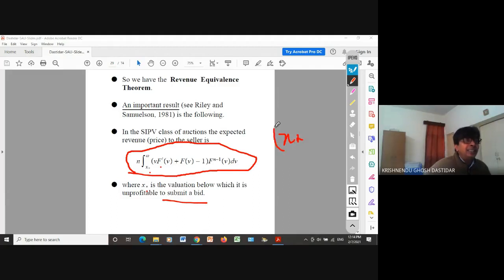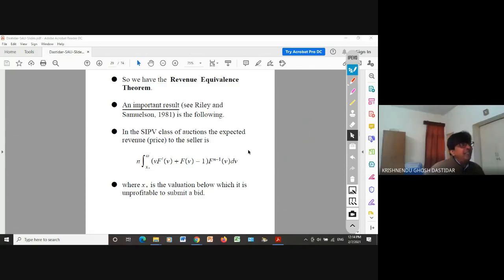Now, how is this X star determined? X star is determined by reserve prices and/or entry fees. So any 2 auctions where the X star is the same will give you the same expected revenue. And we saw an illustration of that in our example. So it's a very general theorem. It's called the revenue equivalence theorem.